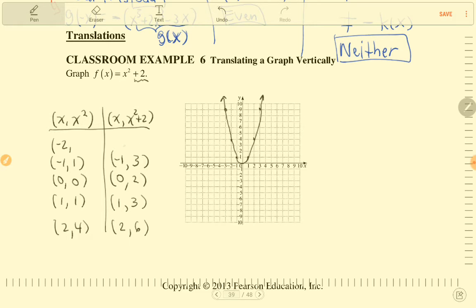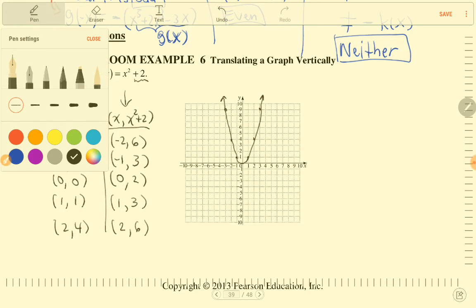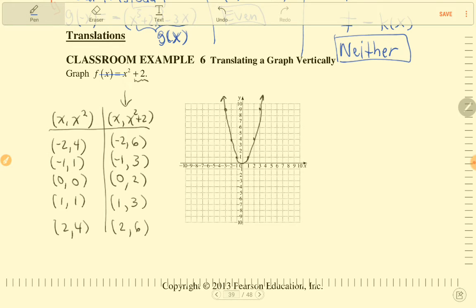Negative 2 comma 4, and negative 2 comma 6. So every single point in this column has the same x value, but the y value is 2 units greater. So the y value is getting shifted up 2 places. So that means that f of x equals x squared plus 2 is a vertical translation up 2 units.